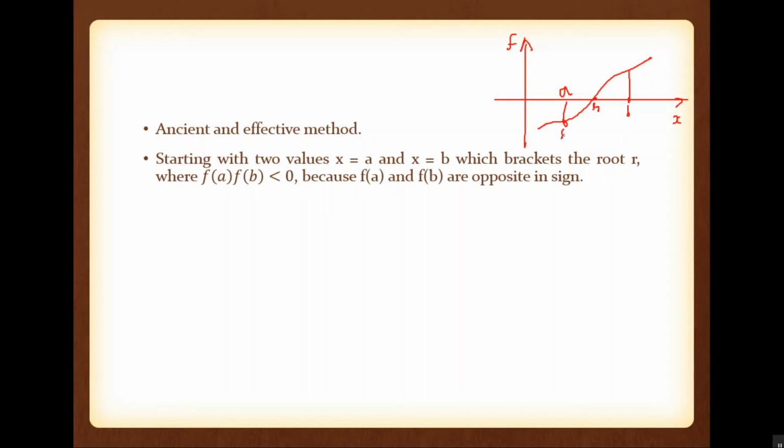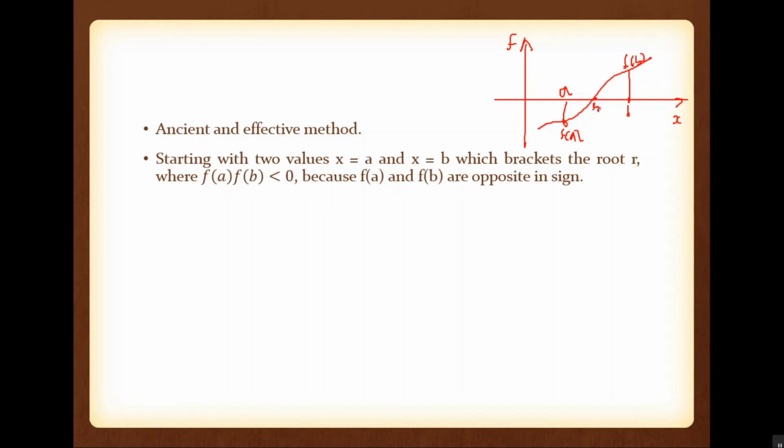You can see that here it is negative. And value of function at b is f of b, and you can see that that is positive. Means if you are taking the product of this f of a and f of b, you can see that that is negative. The product of f of a and f of b will be less than 0 if a and b are bracketing this actual root r.